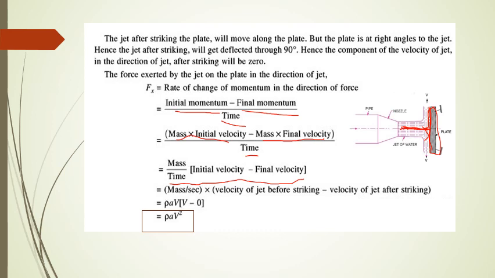That means the equation becomes mass by time into velocity of the jet before striking minus velocity of the jet after striking. By substituting the values, we get rho A V into initial velocity of the jet before striking, which is v, and final velocity of the jet after striking, which is 0. By simplifying this, we get Fx equals rho A v square.